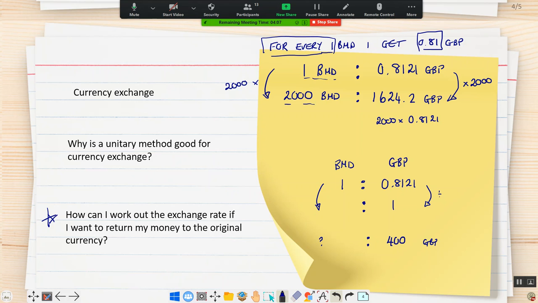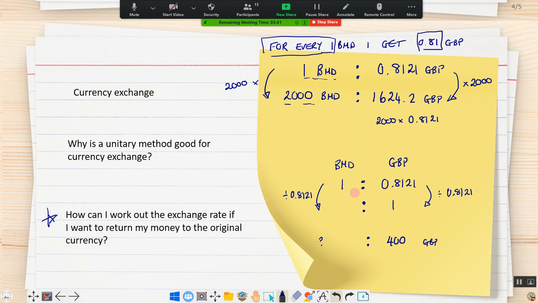Do you remember with ratios we have to maintain the same proportion, so we always multiply or divide. So guys, a little trick: if you want to get from a number to 1, you actually divide by itself. So if I divide 1 by 0.8121, what do I get?